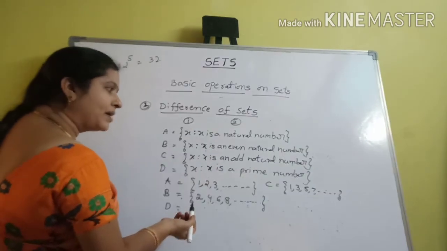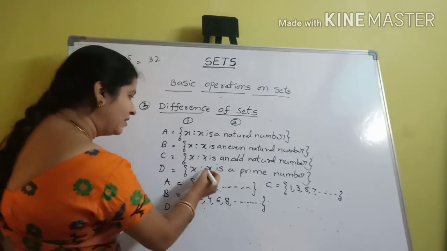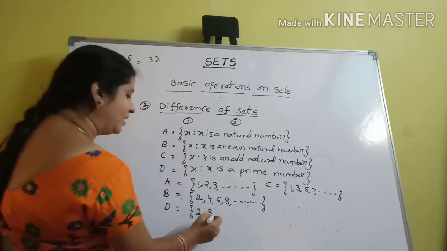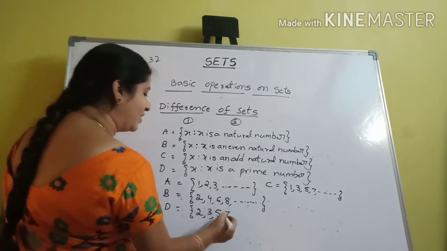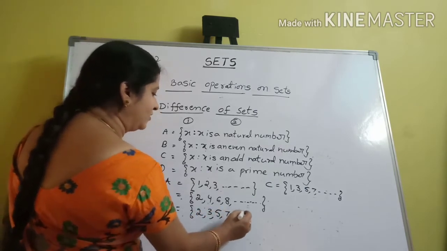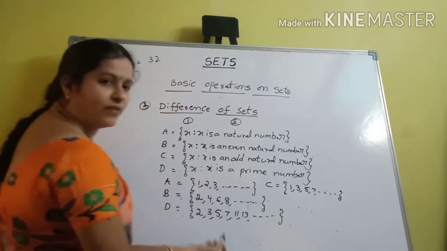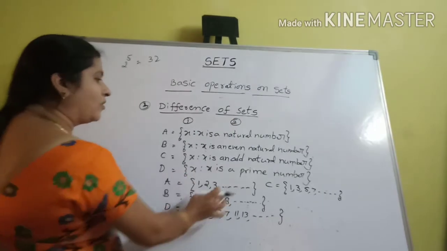What are the prime numbers? 2 is the first prime number, then 3, 5, 7, 11, 13, etc. Prime numbers are infinite. So these are the roster forms.